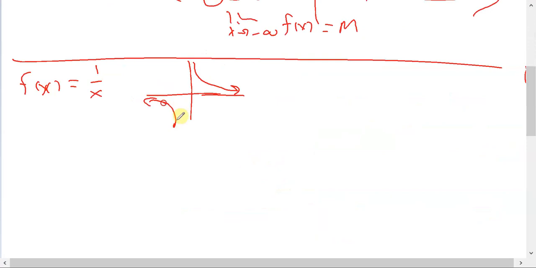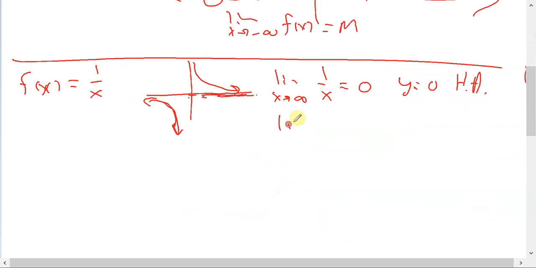And so I know that the limit as x goes to infinity of 1 over x, looking at the graph, you can see it's getting closer and closer to 0, but just looking at it algebraically, I'm going to be putting big numbers in this denominator, which is going to make this go to 0. So y equal to 0 is a horizontal asymptote. I'm just going to abbreviate that, horizontal asymptote.